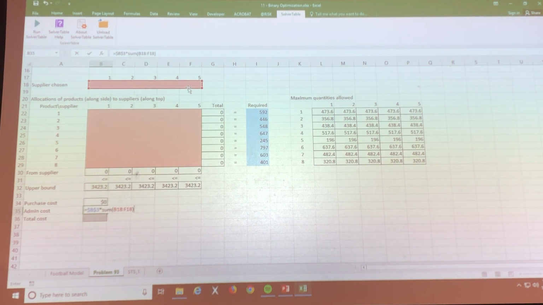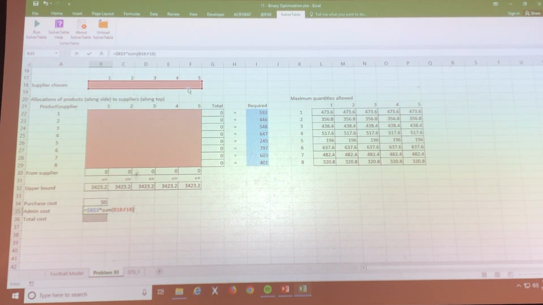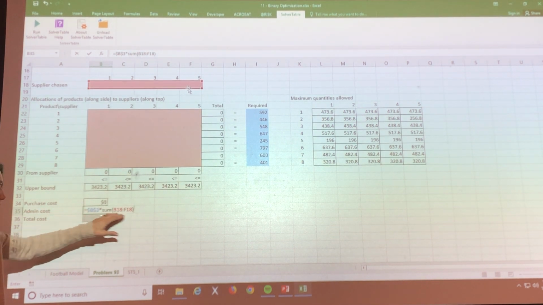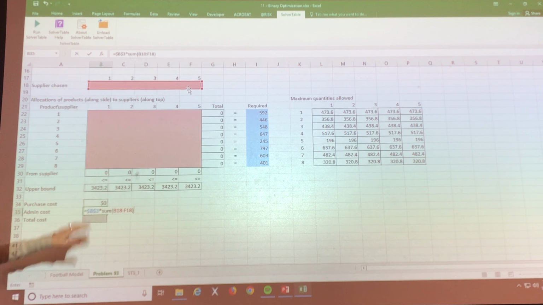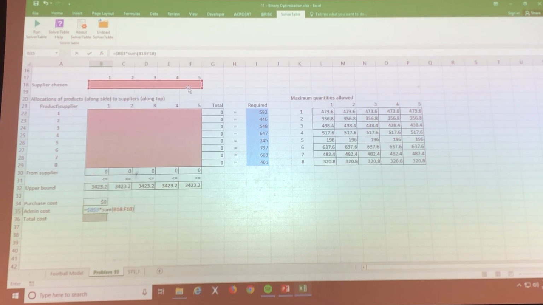Say we choose 4 of them, then that's gonna be 20,000. If we just choose 2 of them, it's gonna be 10,000. So however many we choose, they're gonna cost us 5,000 each. Why did I put an absolute reference in there? I'm not copying this cell. That was totally unnecessary, just force of habit. Well, it doesn't hurt anything.